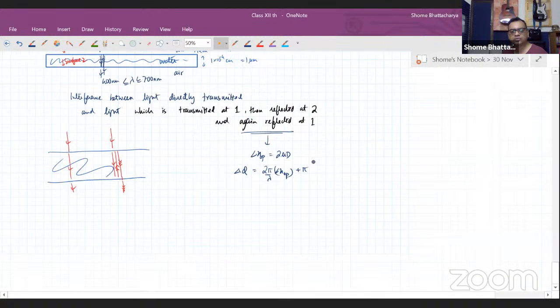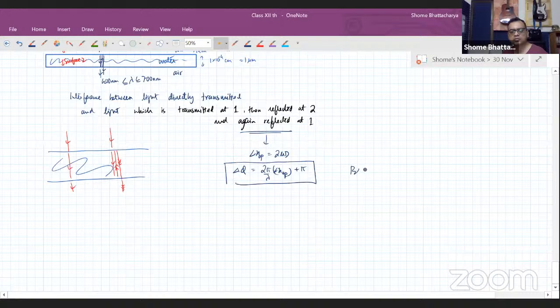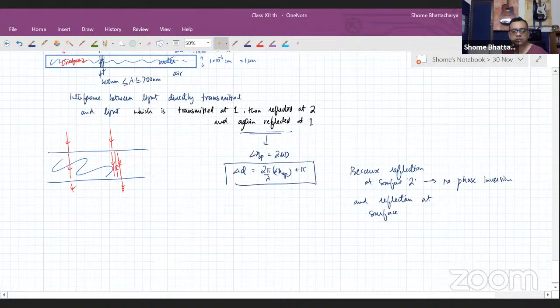Okay, so this relationship holds because reflection at surface 2, okay, there is no phase inversion, but reflection at, oh sorry, so both the reflections are soft, so there is no phase inversion.